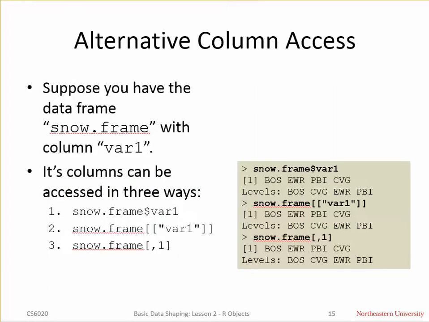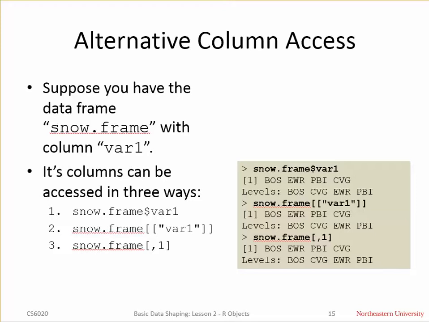There is an alternative way of accessing data frames. Instead of using snow.frame dollar var1, you can also use snow.frame and then double brackets, and then in quotes var1. That's actually an associative access. It kind of searches, if you will, for that. We'll see more about the associative access a little bit later on.